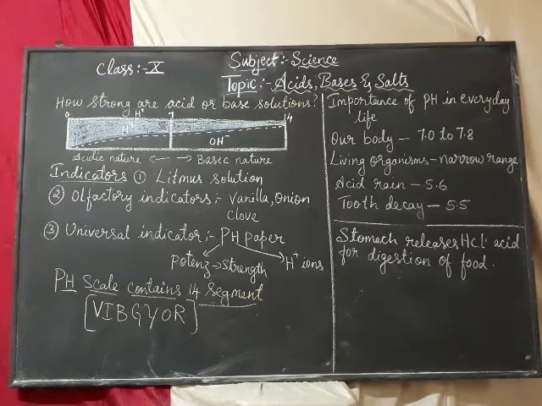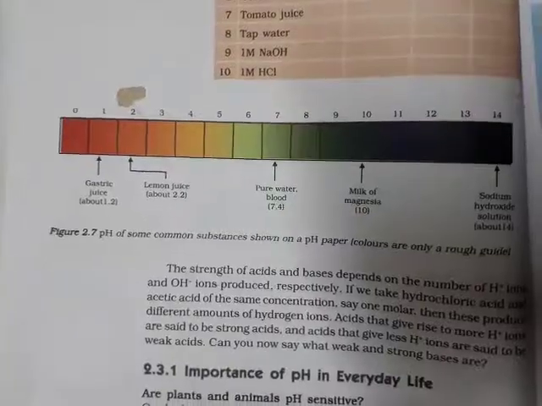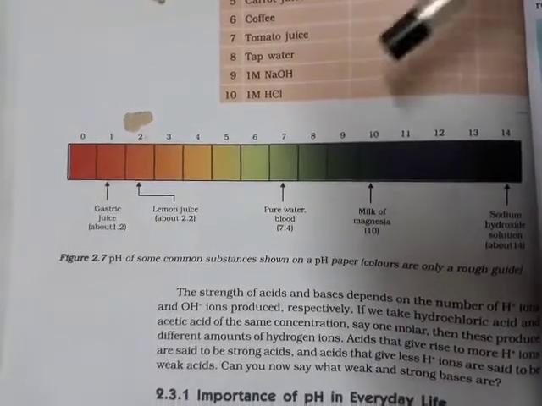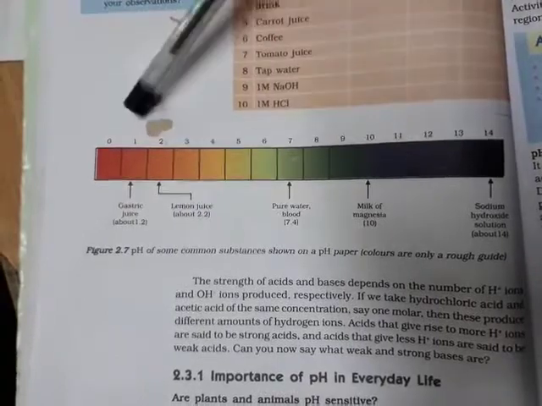Now how to detect which is acidic or basic? You can see the figure on page 26, figure number 2.7 in your textbook. Now you can see here, this is the pH scale. There are many colors.